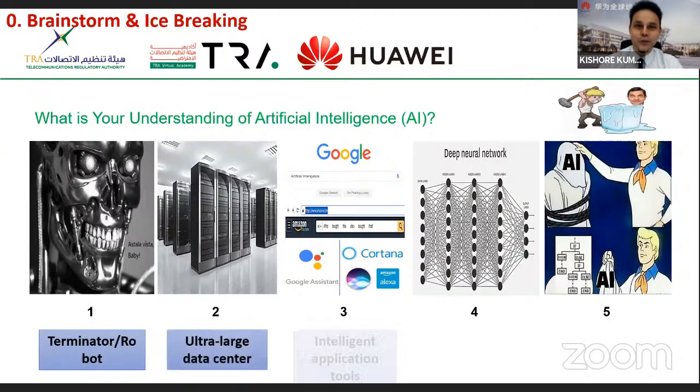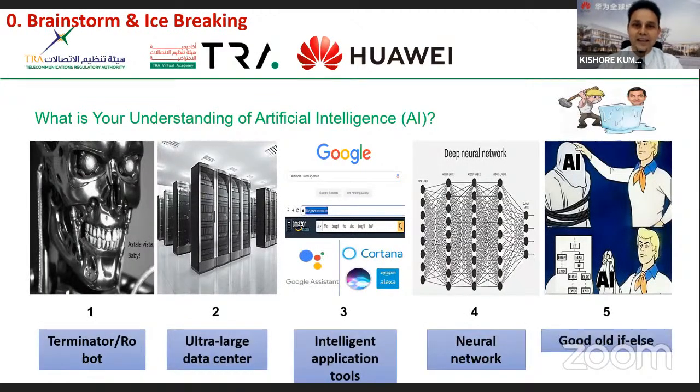Before we start, let's ask ourselves a question. According to your understanding, which picture here do you think represents AI? We have 5 pictures. Number 1 represents the robot, right?